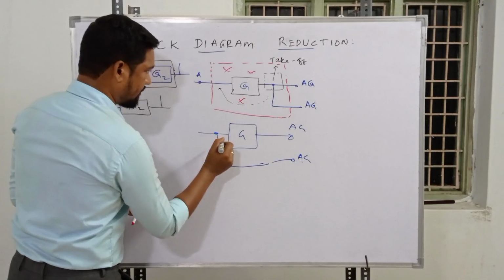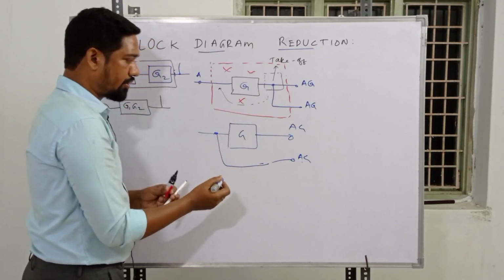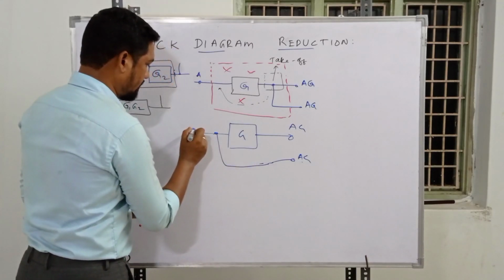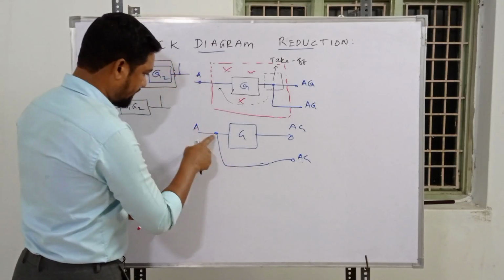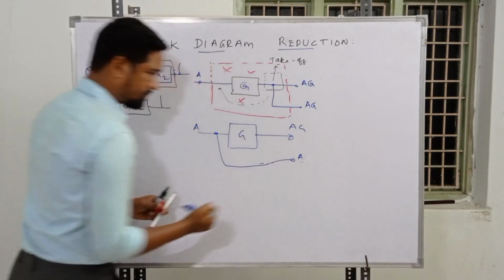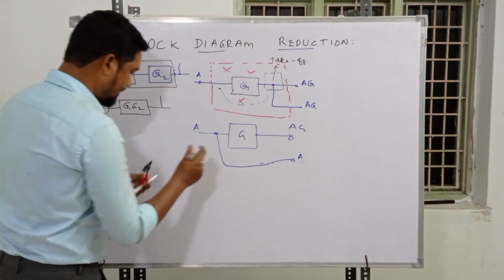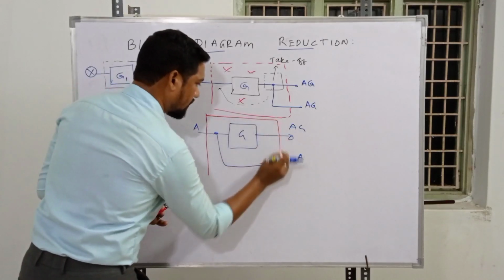The takeoff point should be brought to this side, which helps me to reduce the block diagram. If it is shifted to this side, it's simply A, isn't it? Right? So what I have to do is this modification should be done inside the box only, like this one.